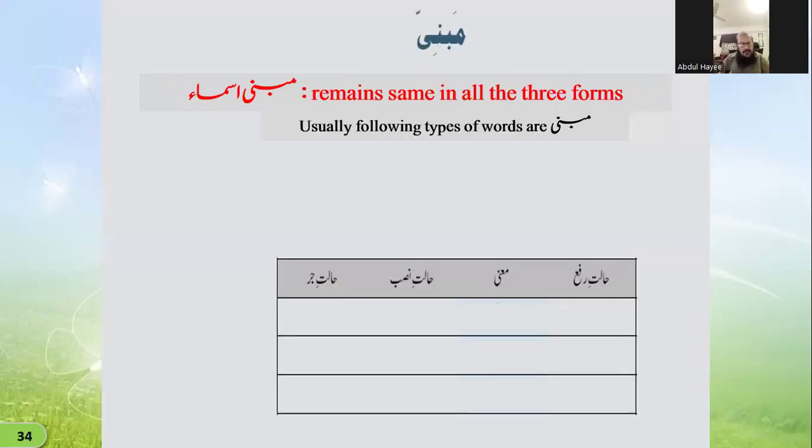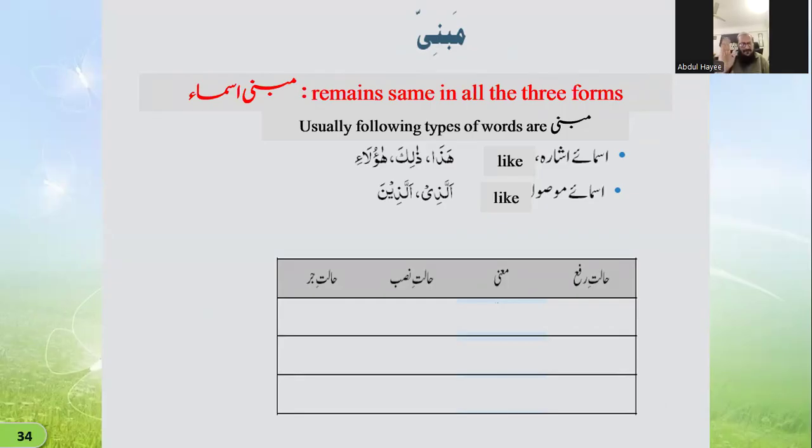What are the mabna or the mabni? Both terms are used; mabni and mabna are both correct. Mabni nouns remain the same in all three forms. Just like haza, zalika, ulaika; allazi, allazina; and the question words kaifa, man, aina.